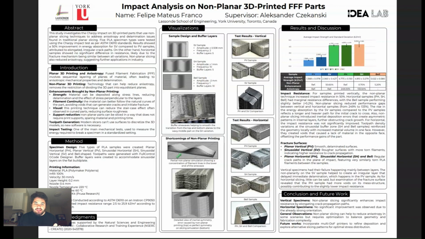This is very easy to apply, but carries with it an inherent anisotropy, which is the difference in properties when you take that printed part and stretch it in different directions.